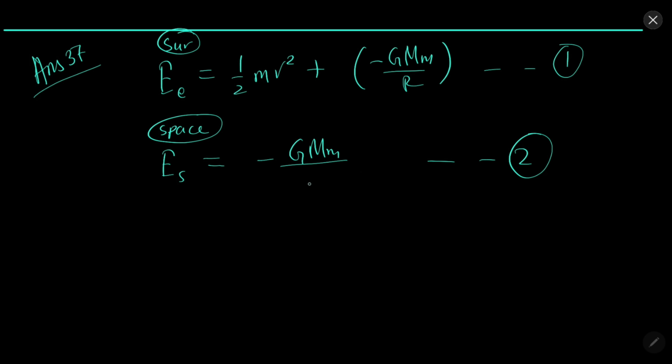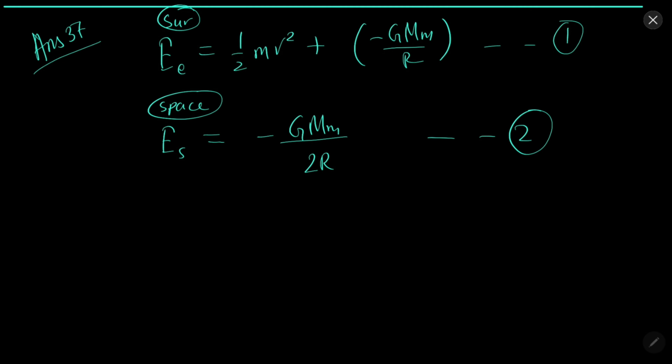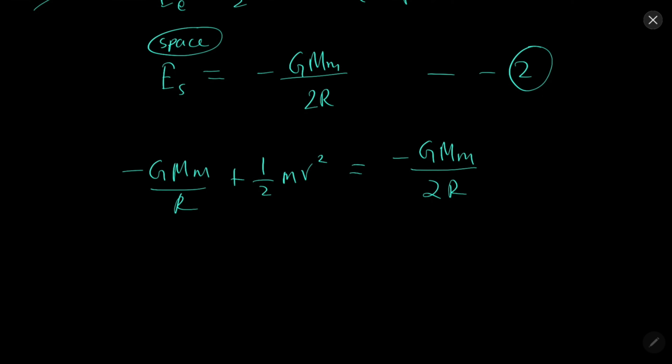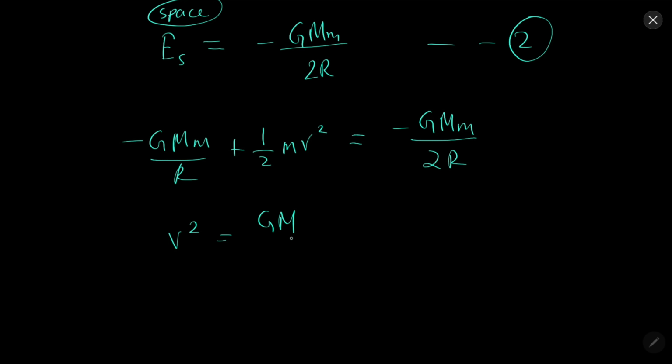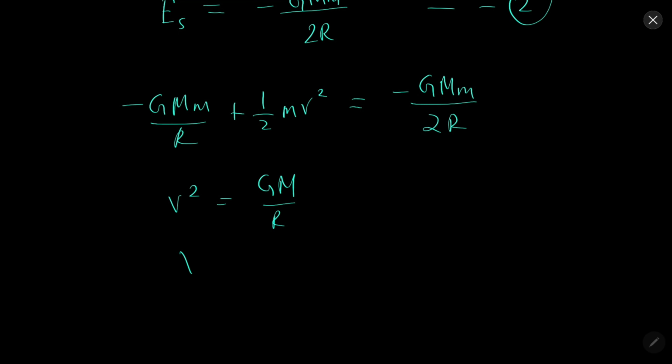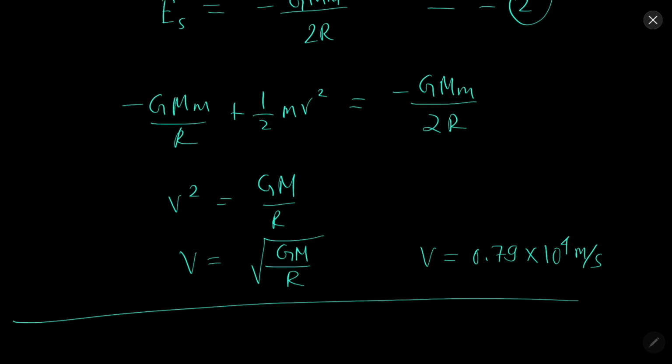It is given that height is up to 6400, which is like the radius of Earth, so r plus r, that is 2r. So ultimately this should be equal by conservation of energy. So minus GMm over r plus half mv square equals minus GMm over 2r. So from this you can find that v square will be GM over r and v will be root GM over r. So v will be 0.79 into 10 to the power 4 meters per second after solving this.